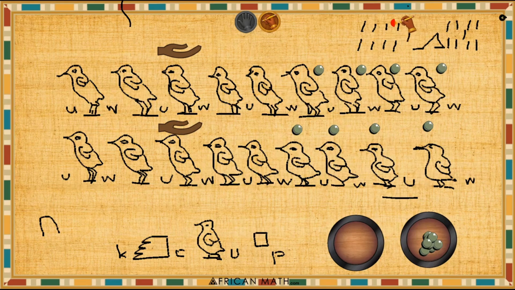And then what we have left remaining is 1, 2, 3, 4, 5, which, if we wanted to, could be another hand. 6, 7, 8. So our answer for 9 put together with 9 is 10, 1, 2, 3, 4, 5, 6, 7, 8.